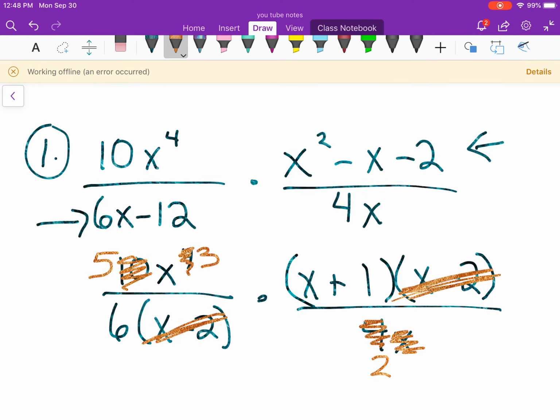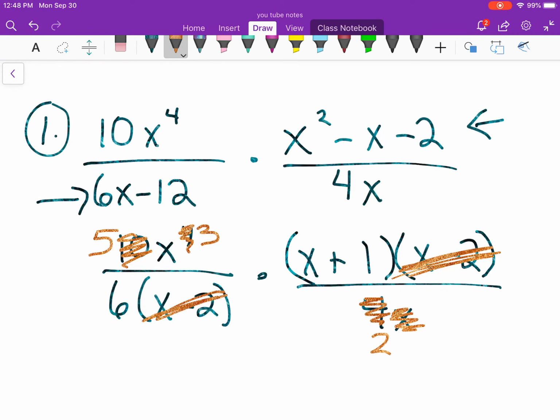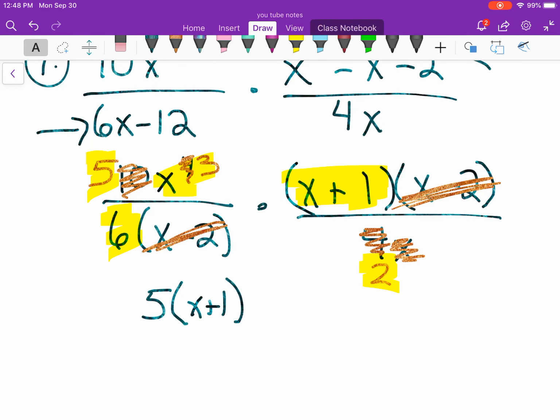So let's see what I have left. I have a 5 and an x to the third, x plus 1, a 6, and a 2. So let's combine them all up. That is 5x cubed, x plus 1. That takes care of the numerator. And then I have the 6 and the 2, which gives me 12.